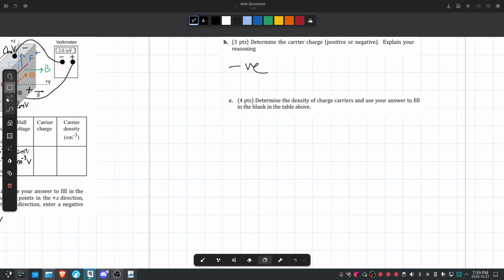Whenever we don't really know what equation we might be using, write down all the variables you know and all the variables you need to get. So in this case, we need the density of charge carriers. We know the current, we know the dimensions, we know the electric field, we know the magnetic field.